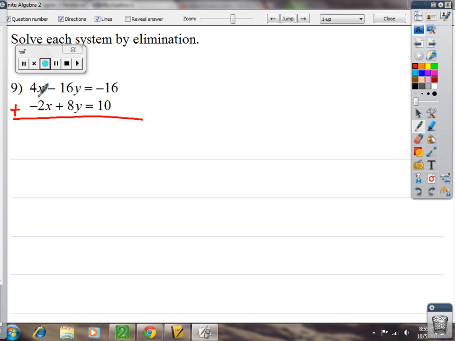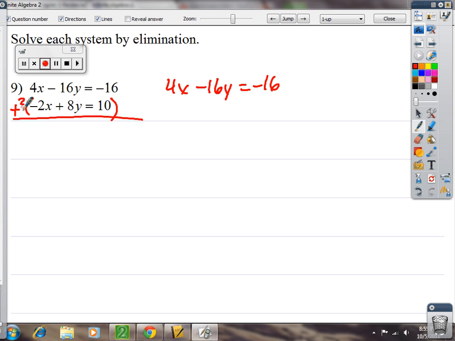If I look at my x's, 4x and negative 2x, the LCM of 4 and 2 is 4. So I can change my 2x. If I multiply the whole bottom equation by 2, let me copy and paste this top equation: 4x minus 16y equals negative 16.